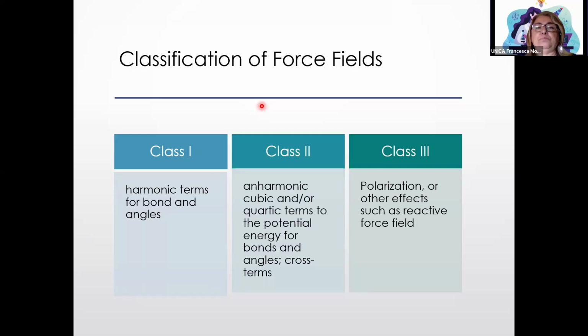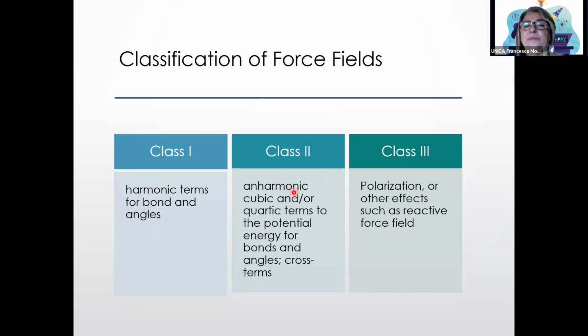To collect the information that we have seen so far, force fields are often classified in three classes. Class 1, the most commonly used for biomolecules, is the class with harmonic terms for bonds and angles.